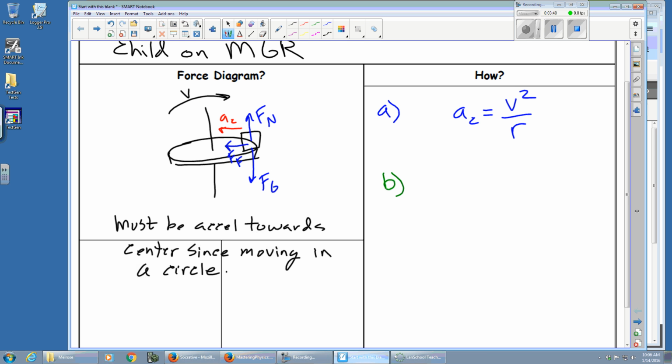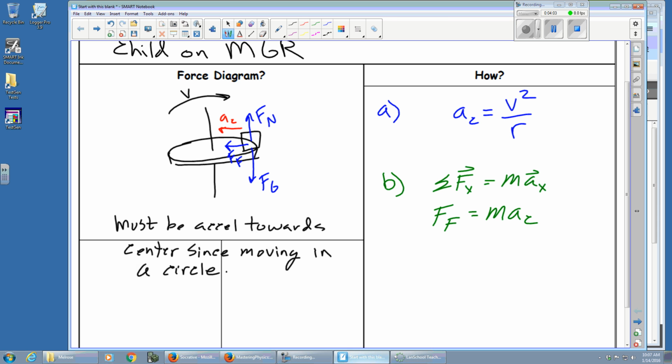And then I can do the sum of the forces in the x direction equals ma_x, our Newton's second law from our equation sheet. Only have one force. Our frictional force, I'm going to call it towards the center, is positive, equals m a_c.